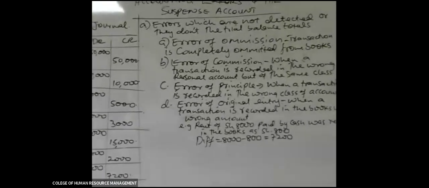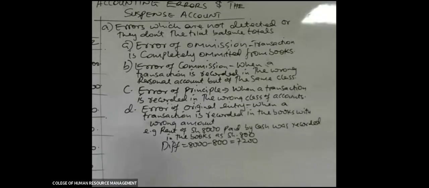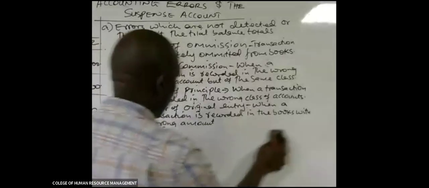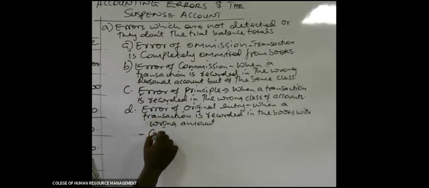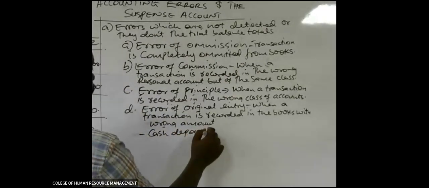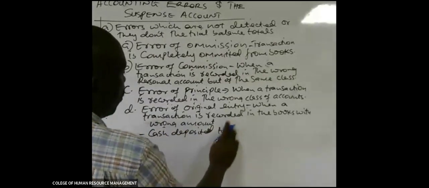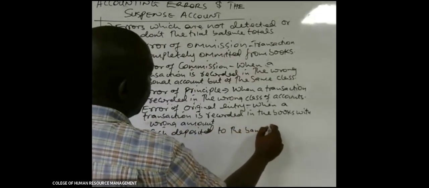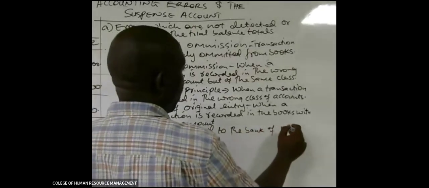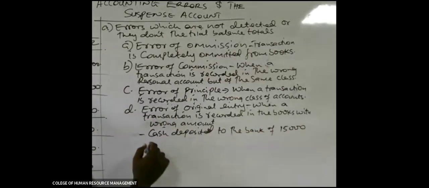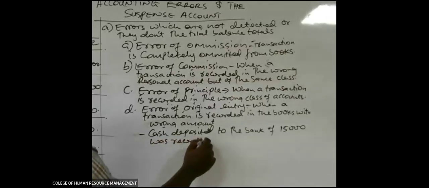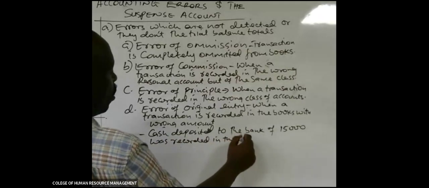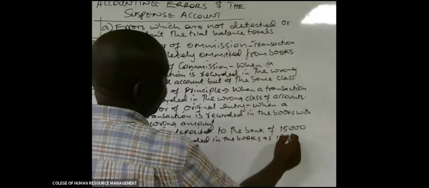The other scenario here, another example under this, is that cash deposited to the bank of 15,000 was recorded in the books as 150,000.